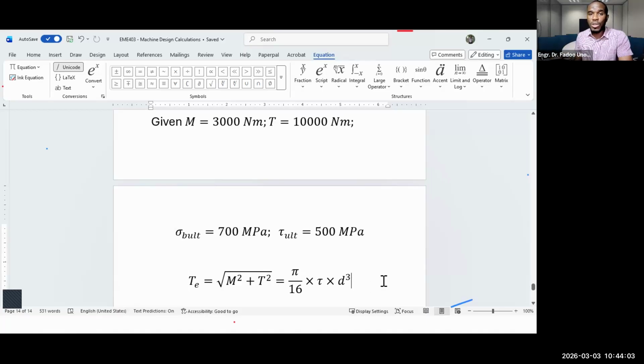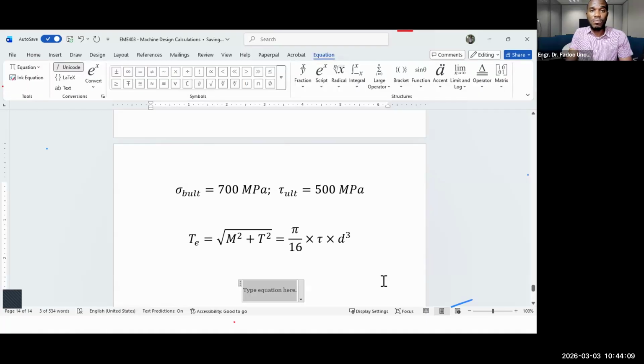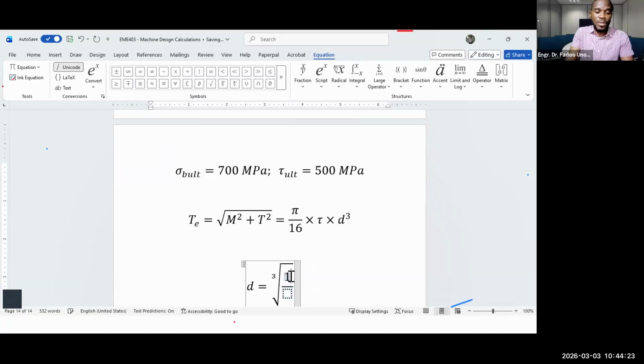From this expression, we can say that d will be the cube root of 16 times the equivalent value of that, divided by pi times tau. Okay, so that's what we're looking for.